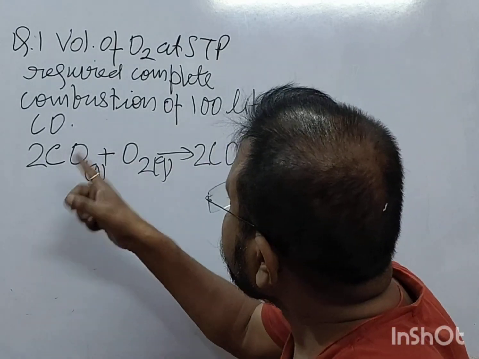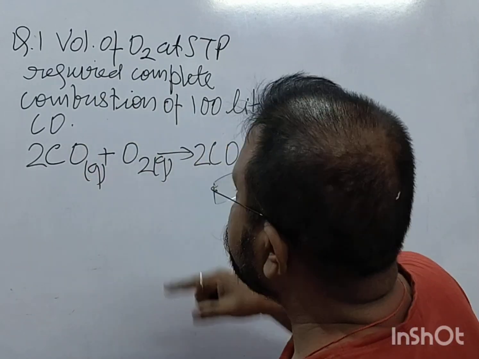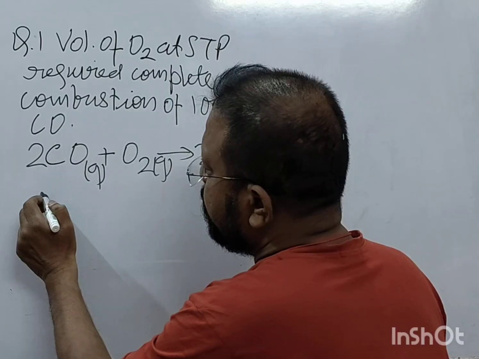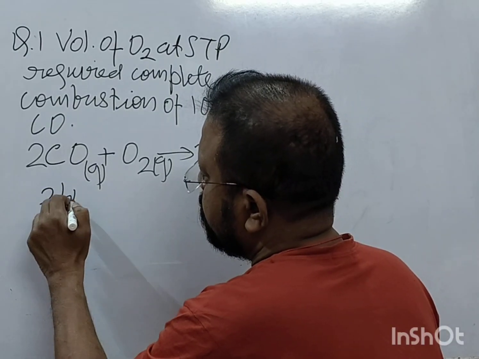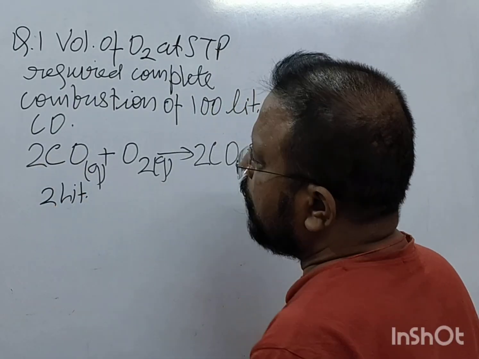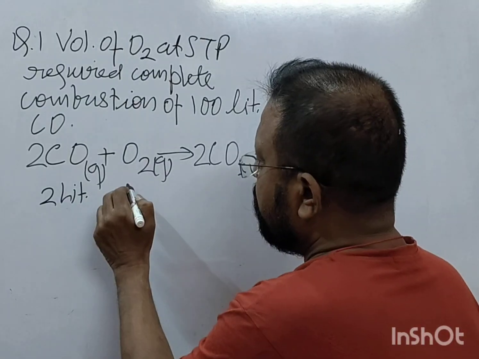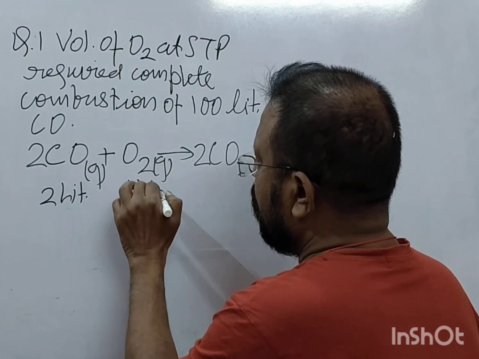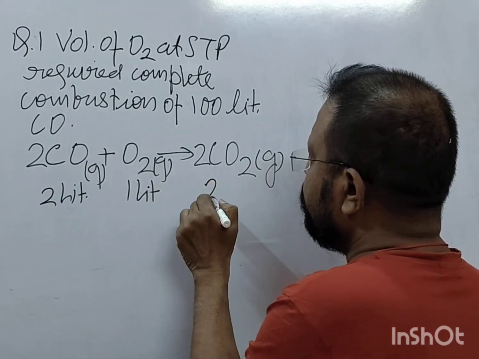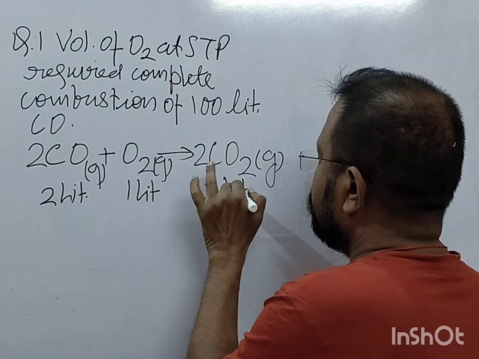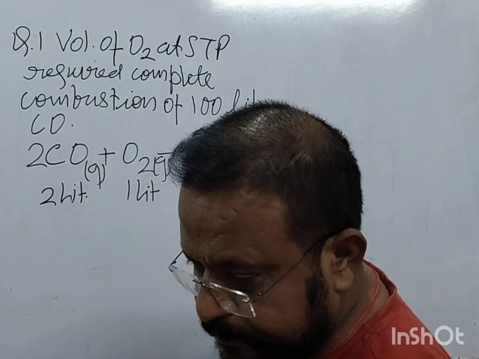So 2 liters of carbon monoxide combines with 1 liter of oxygen to give 2 liters of carbon dioxide.